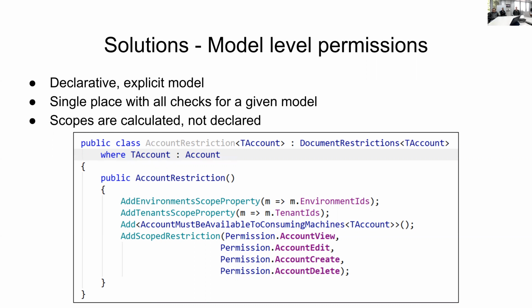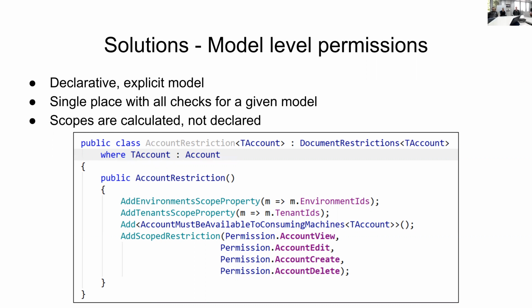The second thing we decided to do is to make the scopes explicit. When you specify permissions for a new model, you have to tell us all the scopes and all the restrictions that apply to it. They are not specified now in the permission enumeration. It's the actual implementation that drives that. That was one of the problems. The permission would say, well, I have 3 scopes, and then the check would supply 1, 2, 3, any combination of them, really.